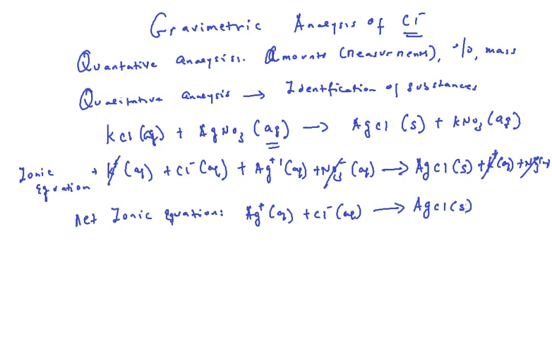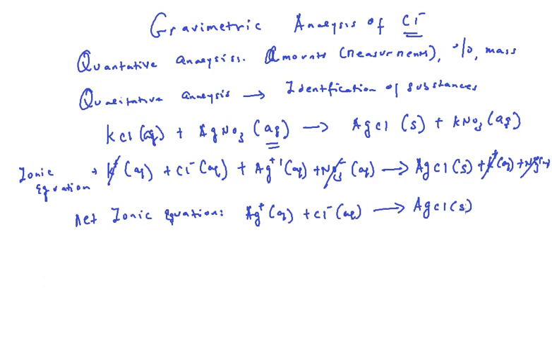This net ionic equation is very important for many reasons. It first illustrates the concept of stoichiometry. Stoichiometry is basically the proportion in which the chemical elements combine, and the mass in any chemical reaction has to be balanced. In other words, whatever amount you have on the reactant side, you need to have the same amount on the product side.